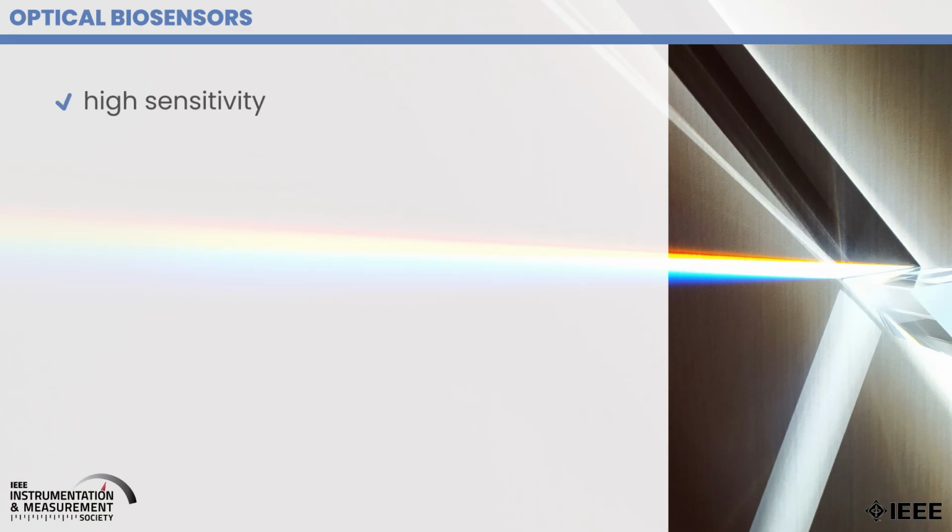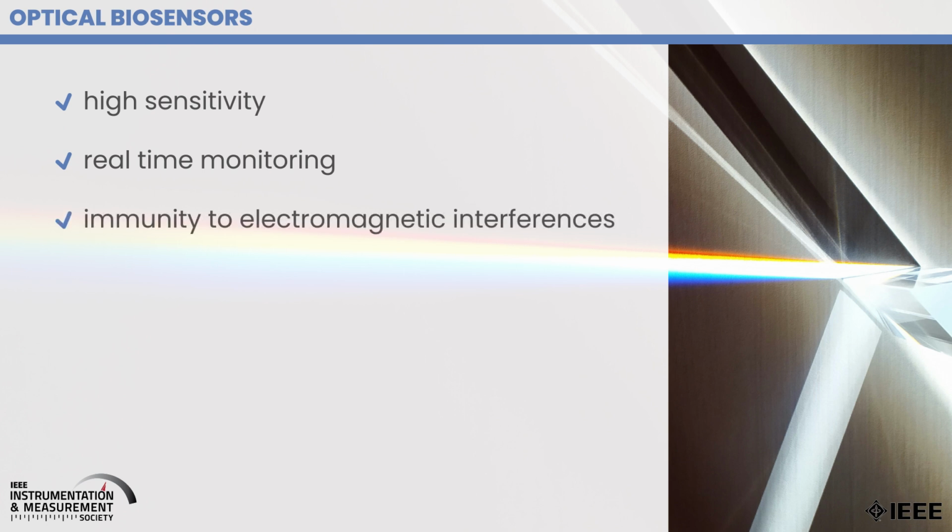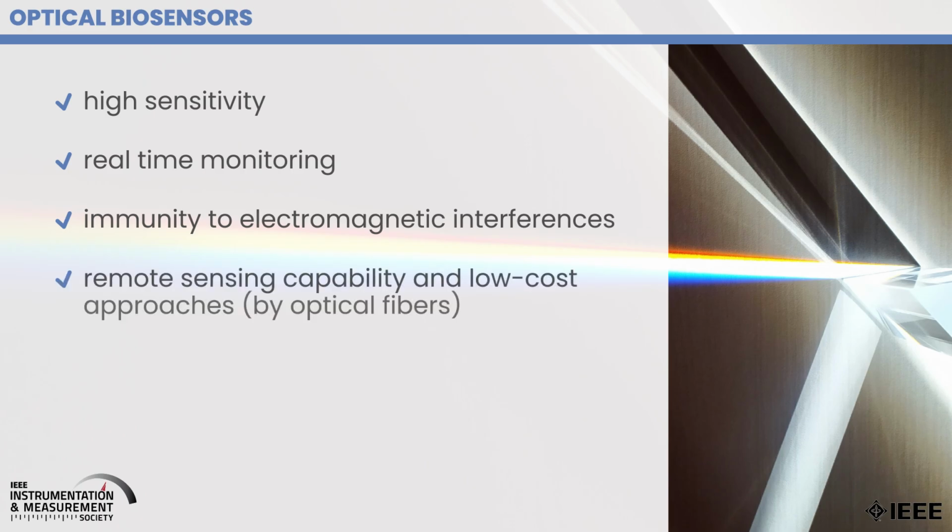With specific regards to optical biosensors, we can claim that they present several advantages, mainly related, for instance, to high sensitivity, the possibility of real-time monitoring, other than the immunity to electromagnetic interference and the capability of remote sensing.